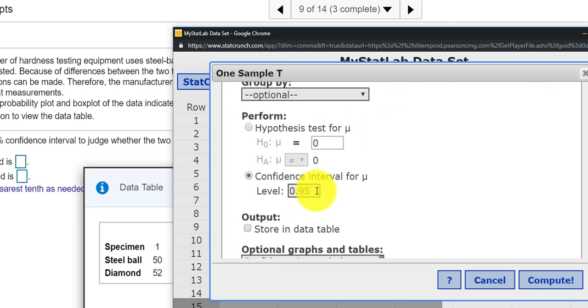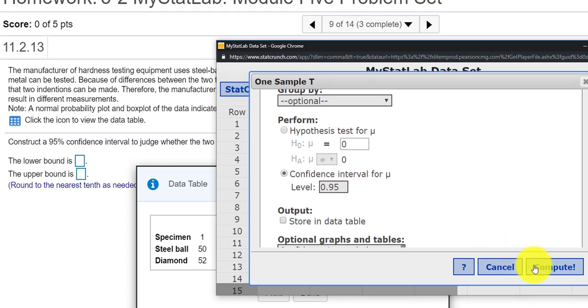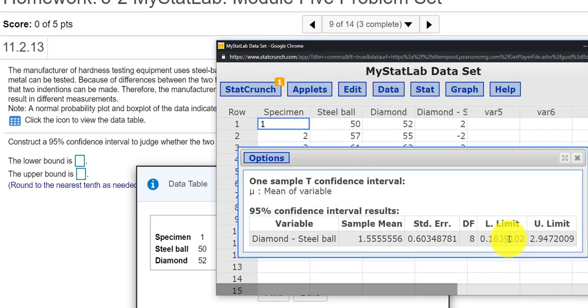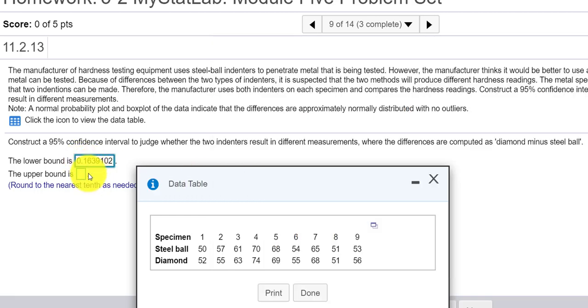Here's my confidence interval. We were at the 95% level. My lower bound is found here, and it says round to the nearest tenth, so I can make this a 0.2.